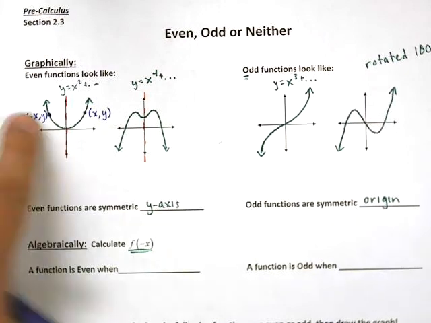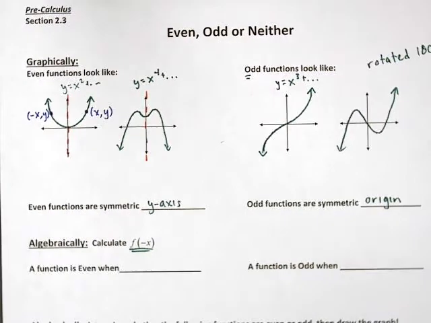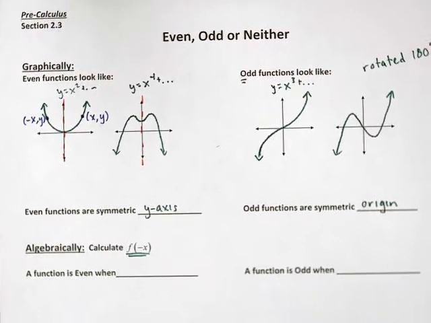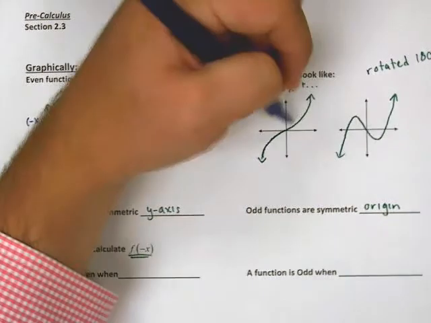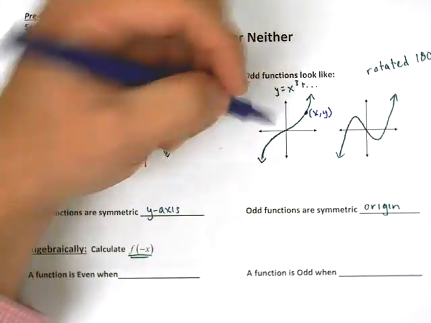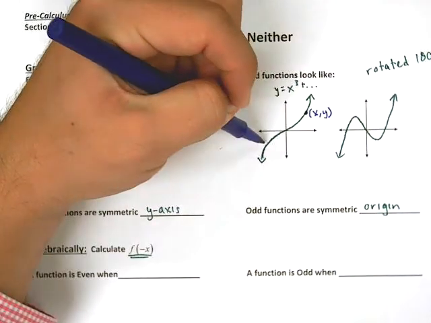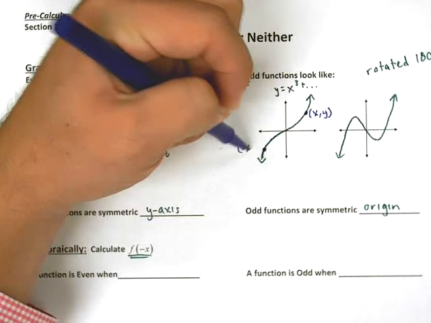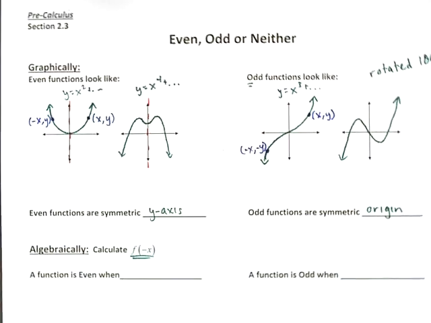All right, so we're doing the same thing here. We're just going to actually do it with algebra. What did we say about odd functions? We said that if we had a point x comma y, then we should have a point at negative x, negative y.